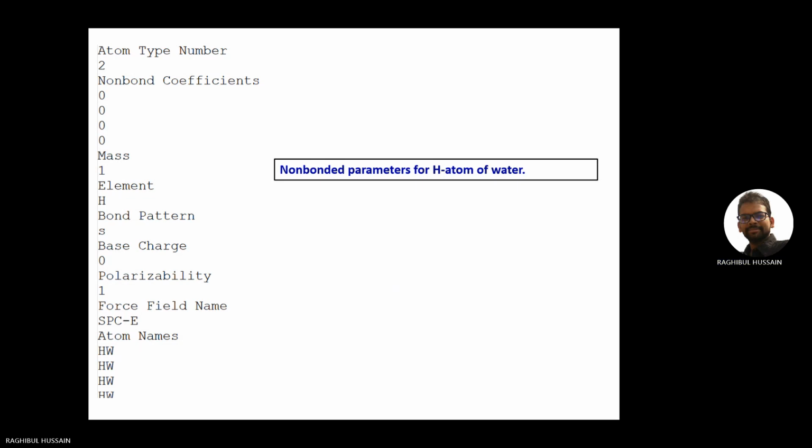Right, SPCE. So this is user dependent. This is not universal. Whatever variable you want to give, you put the name of the variable, but the same variable has to be used where we have force field name. Same variable. So this is about non-bonded.